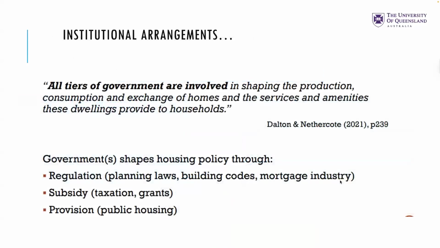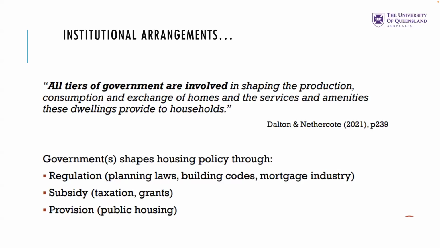The next point we might want to consider is now the institutional arrangements. As we said in the other weeks, institutional arrangements refer to the ways stakeholders are involved in a certain area of social policy.